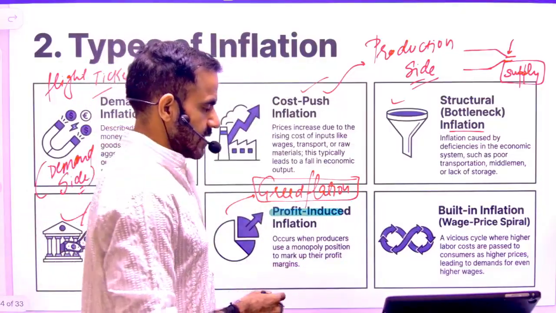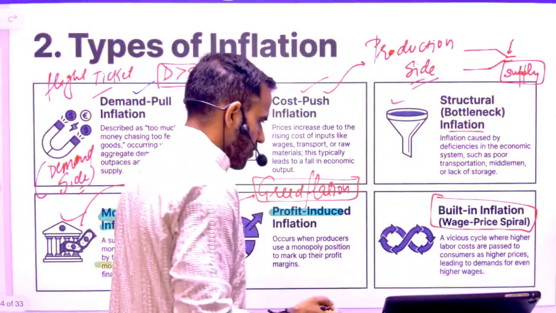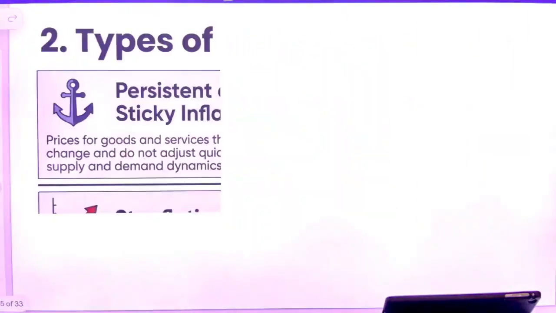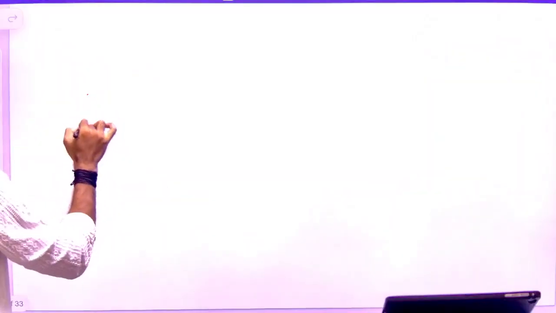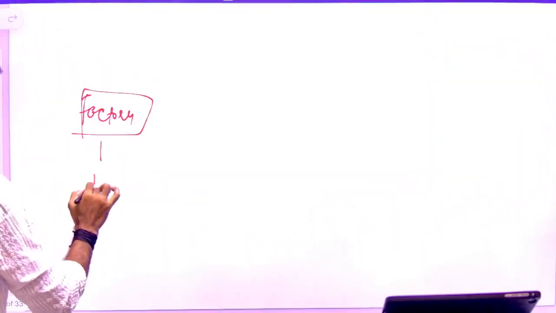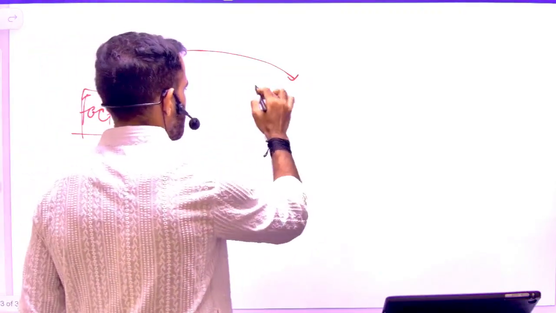And last in this section is built-in inflation or wage price spiral. Now to explain this, let me consider one example. Let's say this is a factory. In this factory there are workers. These workers are basically working to produce biscuits.